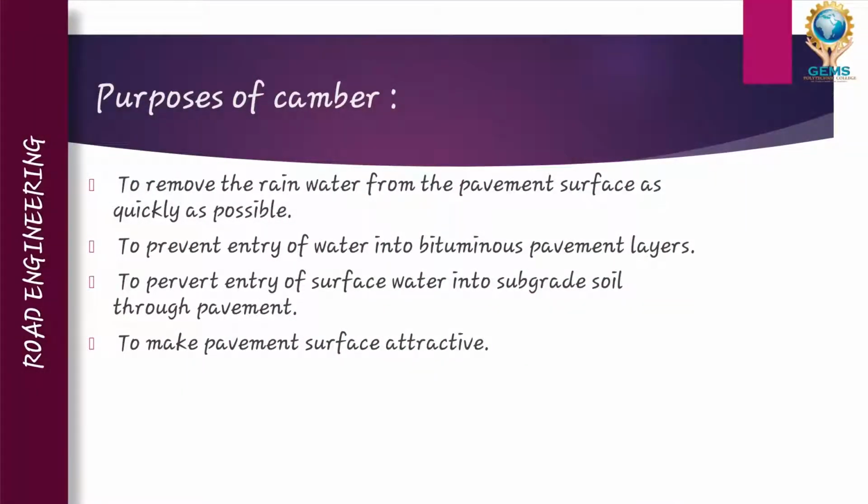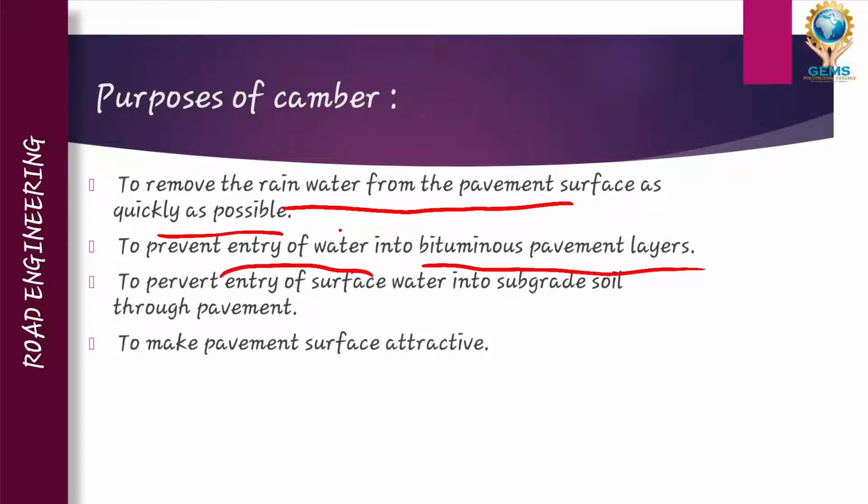Purpose of camber. Let us discuss the purpose of camber. The purpose of camber is to remove the water from the pavement surface as quickly as possible, and also to prevent the entry of water into the bitumen pavement layer, and also to prevent the entry of surface water into the subgrade soil through the pavement, and to prevent surface attractive.